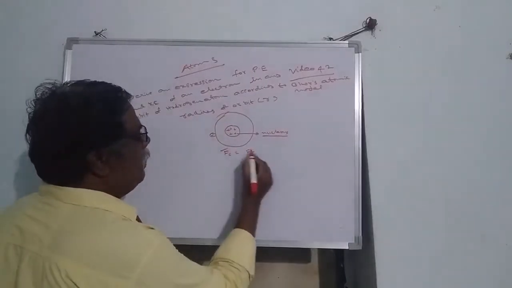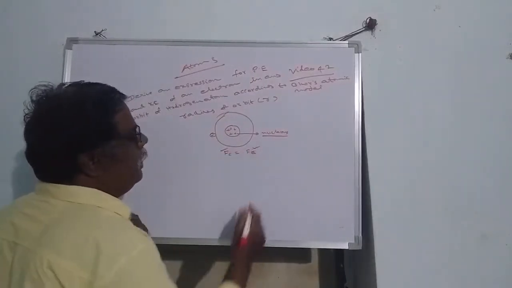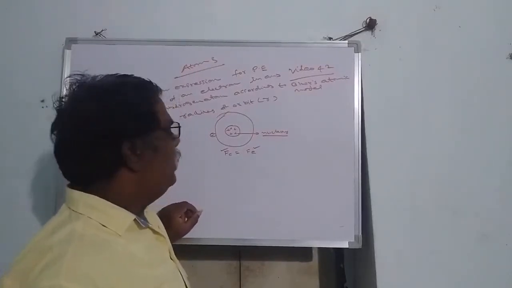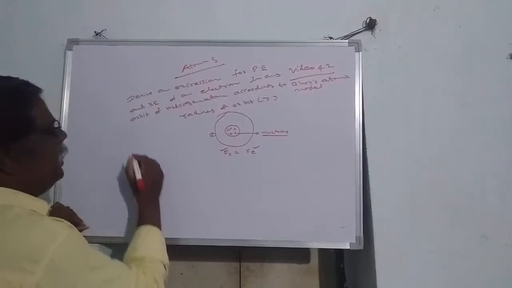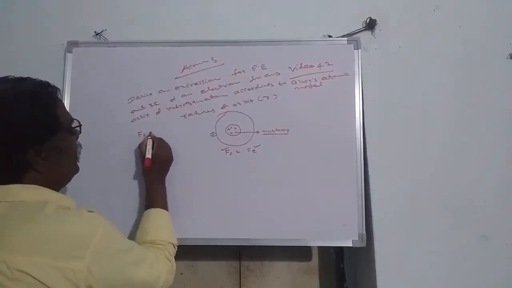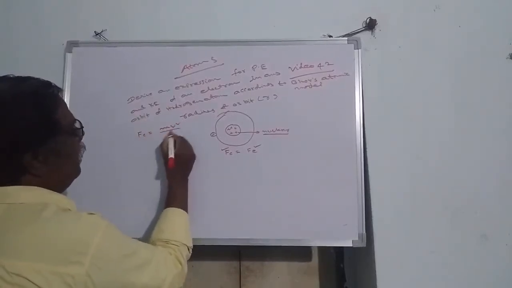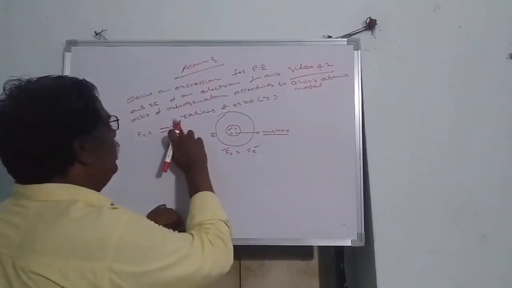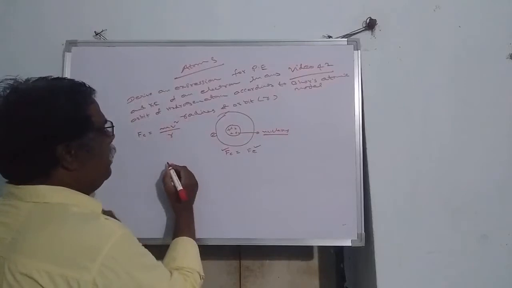Fc indicates the centripetal force of the revolving electron, Fe the electrostatic force applied by the nucleus on the revolving electron. Generally, centripetal force Fc is equal to, we know the formula, mv square by r. Mass, velocity and radius of the orbit, mv square by r.